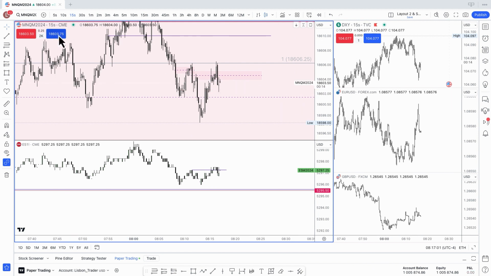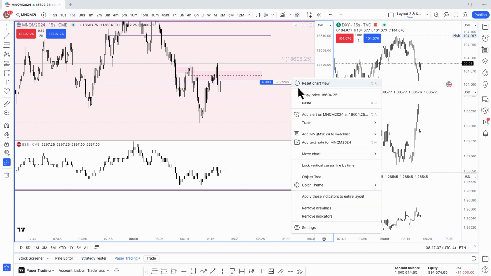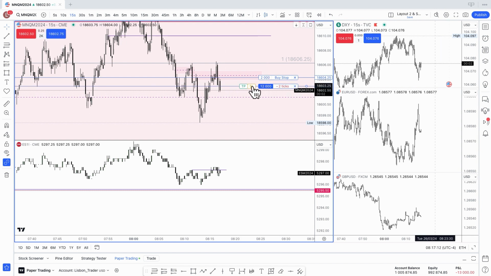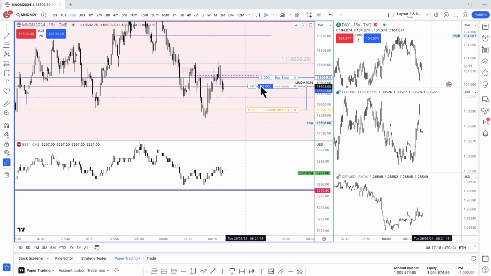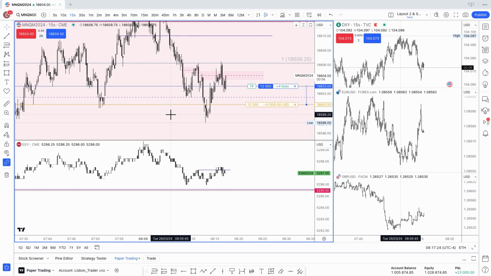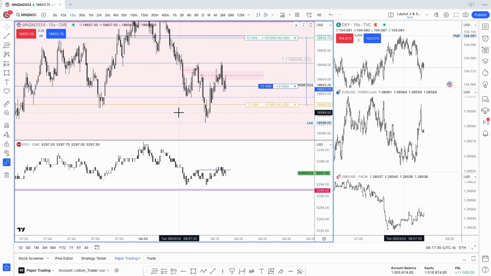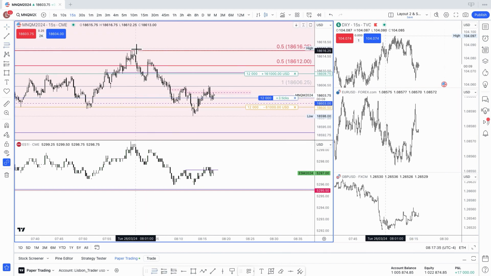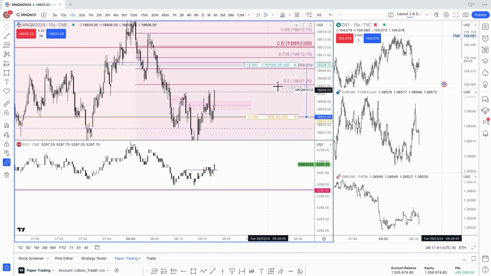So shifting market structure. Want to be a buyer above this. Project the equilibrium.